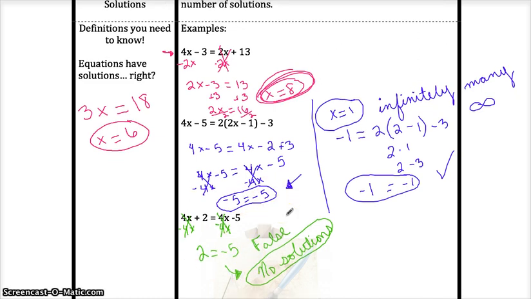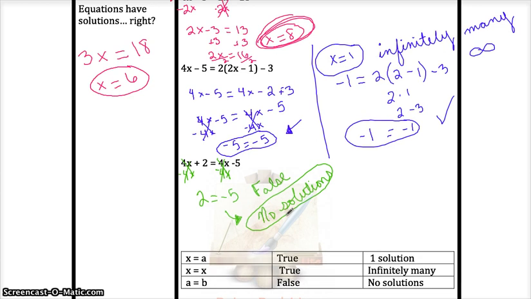Okay, and then if I made you a chart down here that says the exact same thing only in letter form. I prefer number form, it makes more sense to me. For this one we have x equals a number. When x equals a number, it means that that equation is true, and there's one solution.